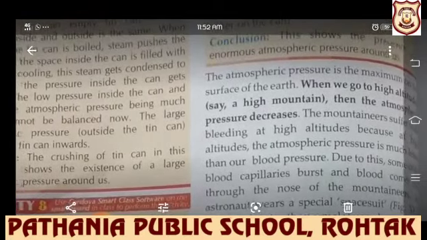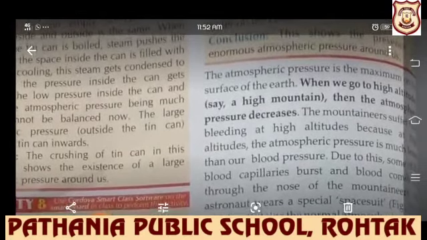Whenever we go on high mountains, the atmospheric pressure decreases. Sometimes the mountaineers suffer nose bleeding at high altitudes because at high altitudes the atmospheric pressure is much less than our blood pressure.